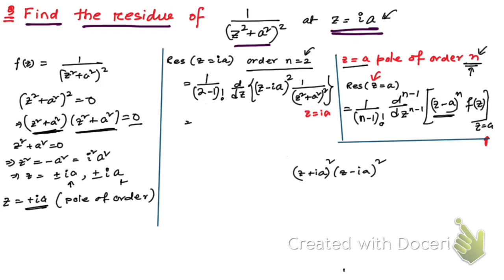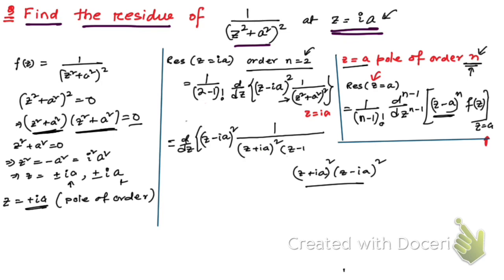Then the derivative with respect to z of z minus ia whole square, times the denominator, which can be written this way: z plus ia whole square into z minus ia whole square.